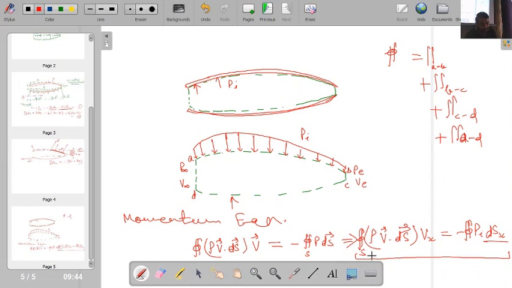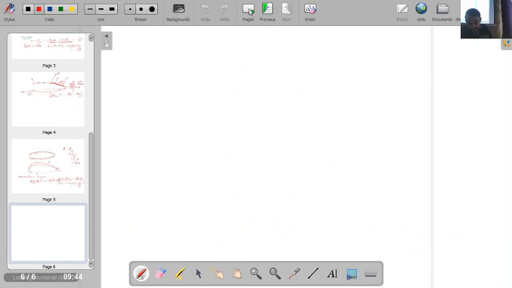So now if you see, I have this first term. Let's first take the first term of this equation number 3. Remember, these equation numbers we will be using later. So the first term of equation 3 says the double integral of rho v vector dot ds vector times vx.